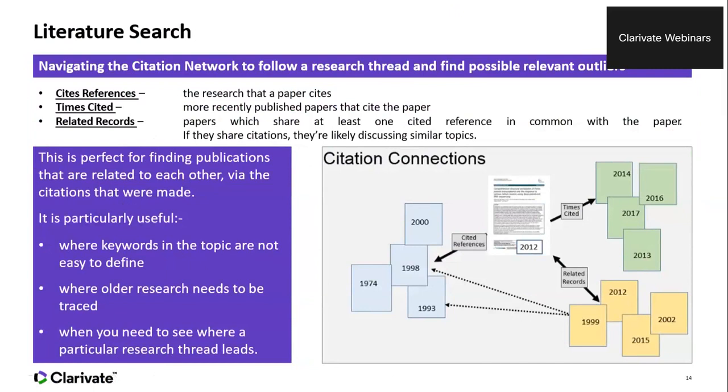Now, another thing that Web of Science allows you to do is, because it is a citation database, doing a literature search on a citation database like Web of Science is very helpful because it allows you to see how different pieces of literature are connected with each other. So you can navigate the citation network to follow a research thread and find different outliers.